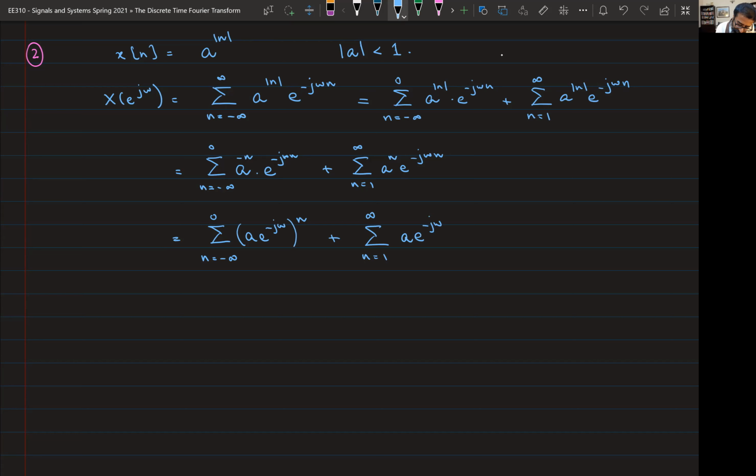This is e raised to minus 1, so this is minus n, and this is e raised to minus j omega raised to power n. Okay, that's okay, Tala. So what do I do here?